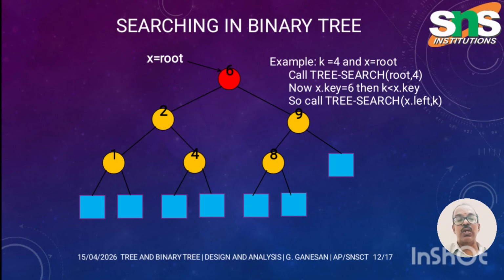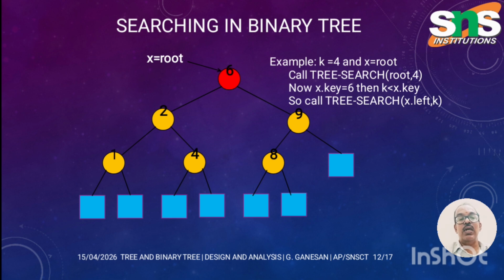Sometimes, if our searching element is greater than the root element, we go to the right side. Now here k is equal to 4, and this 4 is smaller than the root element 6, so we choose the left side of the root node.